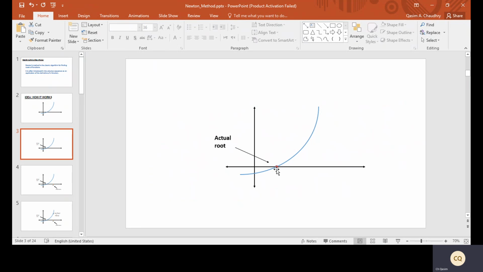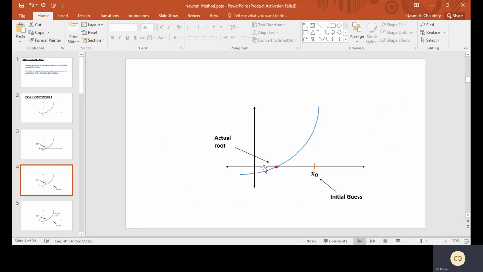This point is your actual root, this red dot. The main idea is that our equation, our function, is given, and we want to reach this goal. So what is our first step? The first step is, as you can see in the next slide.